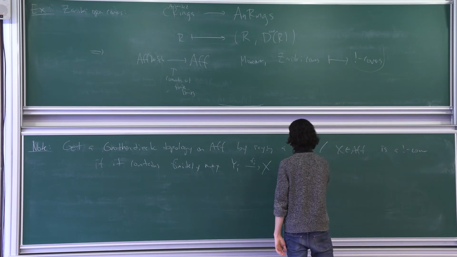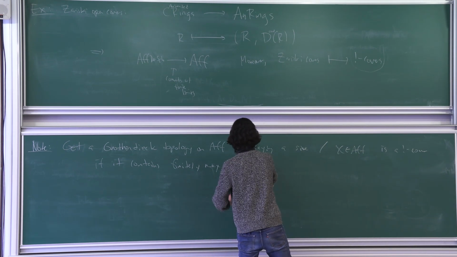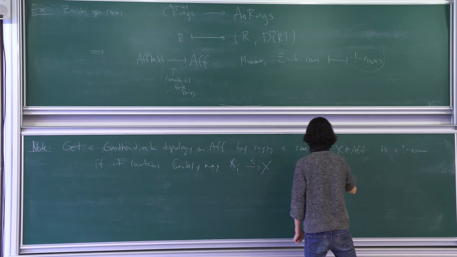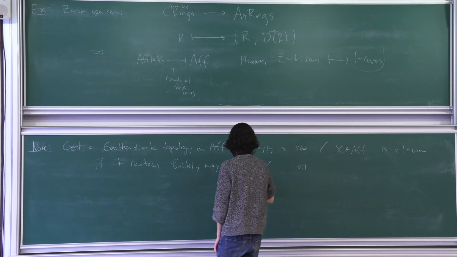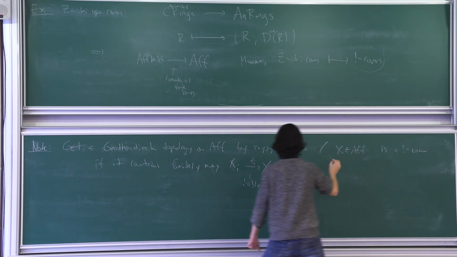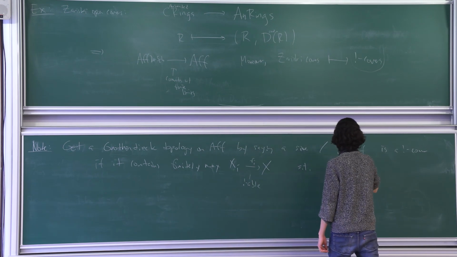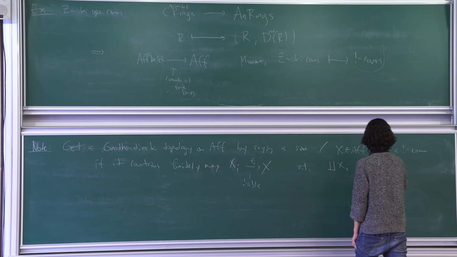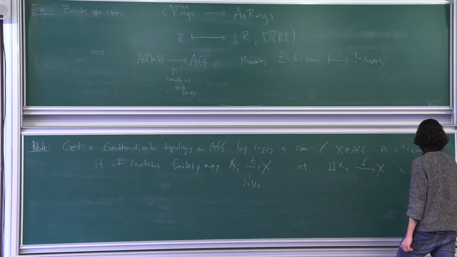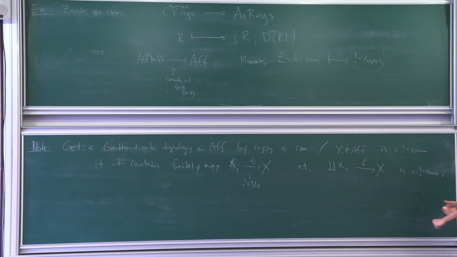Sorry about that. Well, maybe I'll just call this X_i, such that finitely many, such that the disjoint union of the X_i mapping to X in F is a Schritt cover in the previous sense.